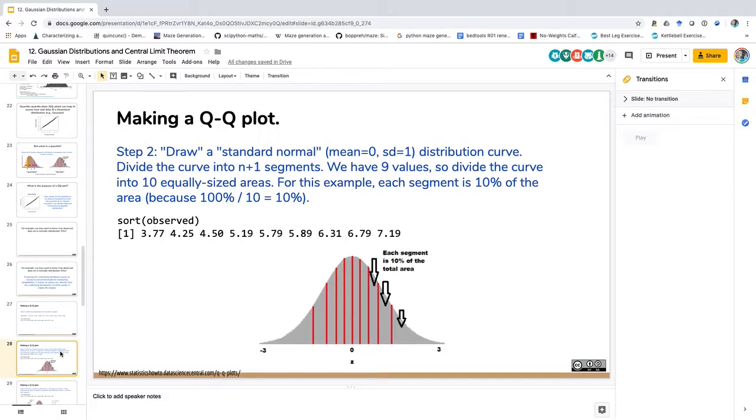And if our observed data come from a Gaussian distribution, those things will be perfectly lined up. It doesn't matter what our actual values are because we're abstracting this out to z-scores. If it doesn't lie on the diagonal line, then we can be pretty confident that our data are not well characterized by a Gaussian distribution.